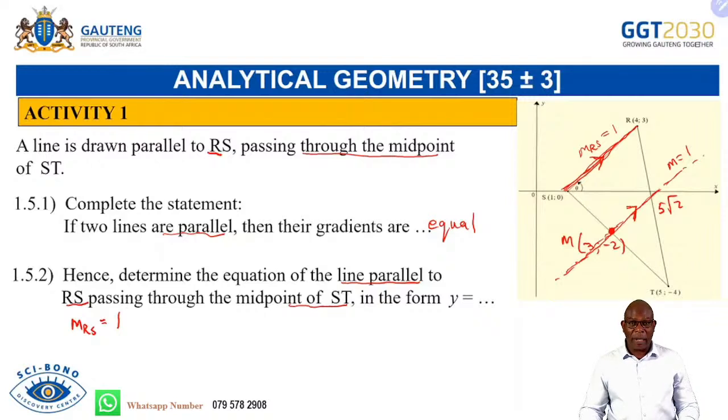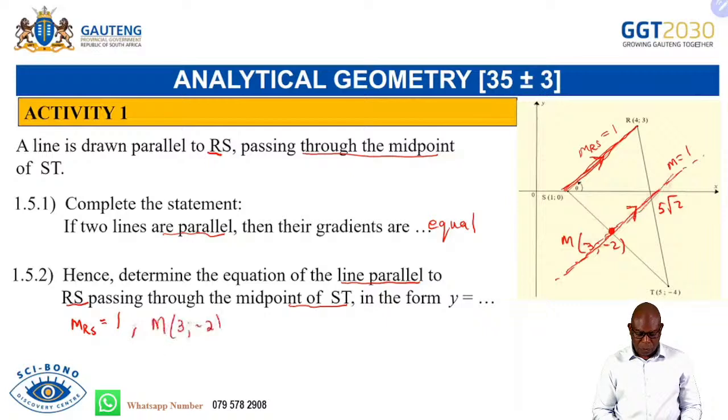So we look at which point is on this line. The point that is on this line is 3 and minus 2. So how do I get the equation of the line? It means I must have the formula.